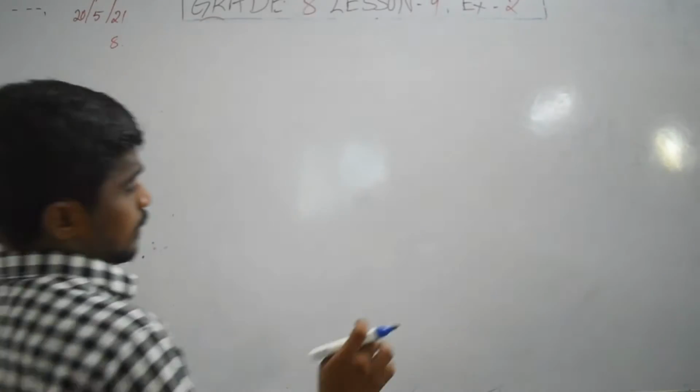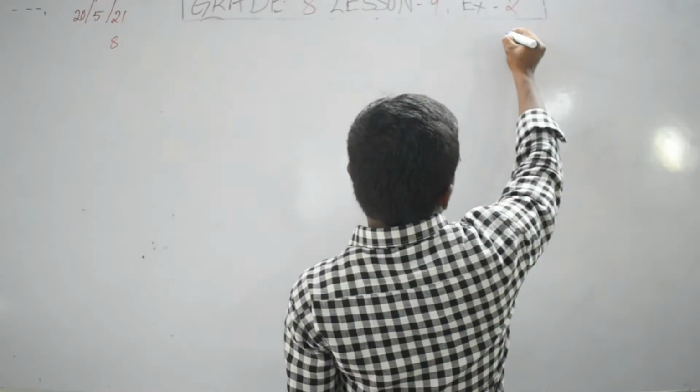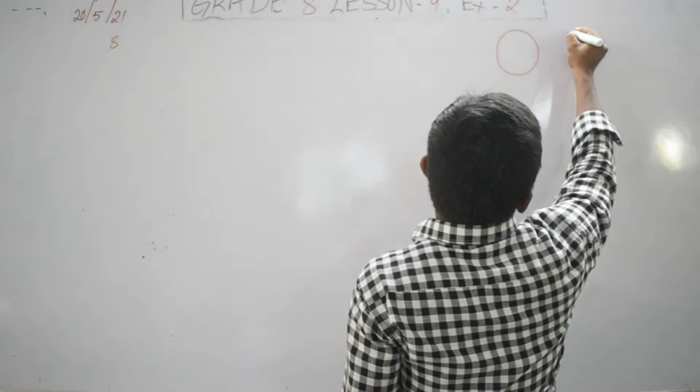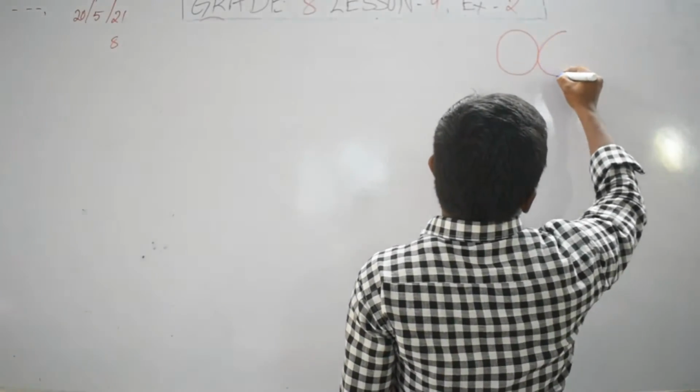Here, four equal circles are given, each of radius a, touching one another. Find the area between them. Here see, four circles: 1, 2, 3, 4.